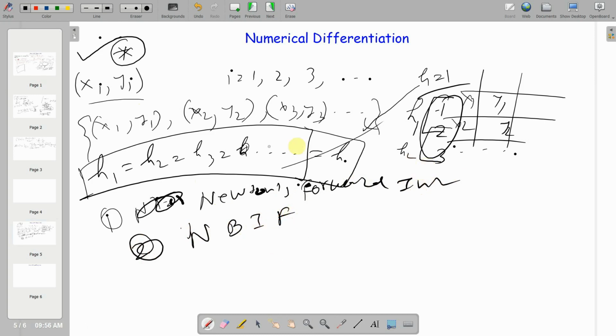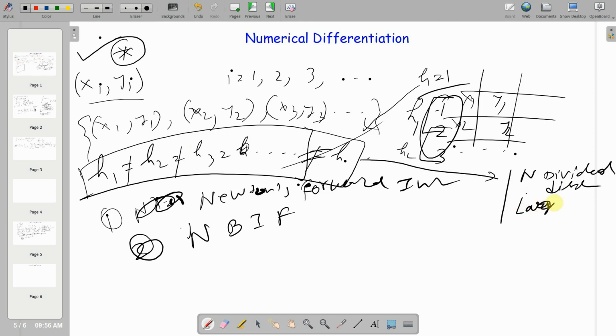If h1 is not equal to h2 is not equal to h3, then there are two methods to solve: Newton's divided difference and Lagrange polynomials, if the points are not equispaced.